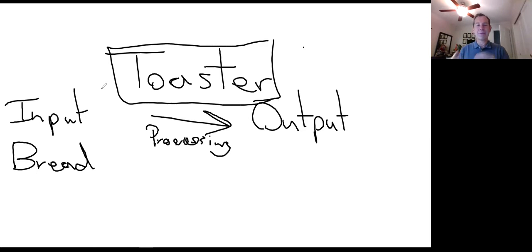We put in some input. So we put in our delicious toaster strudel, or our Pop-Tart. Nobody said Pop-Tarts. What's wrong with you people? Pop-Tarts are delicious too. So we take our Pop-Tart and we put it into the slot, and we push down on the little lever.